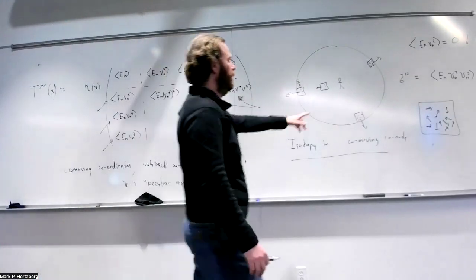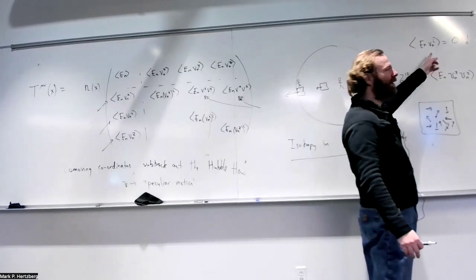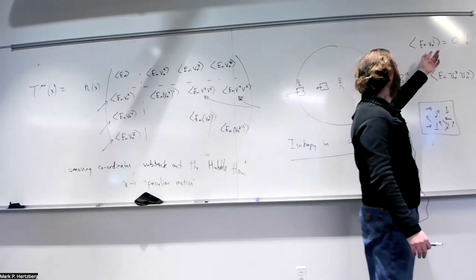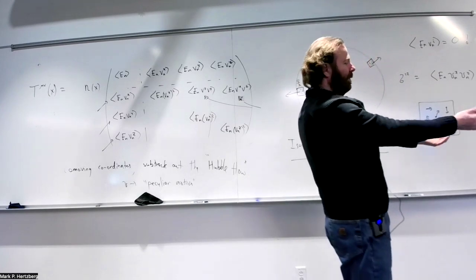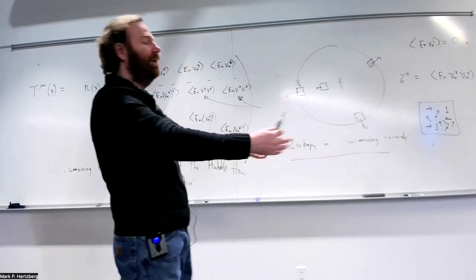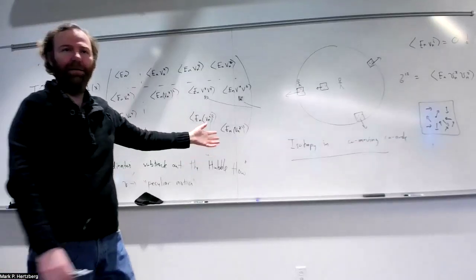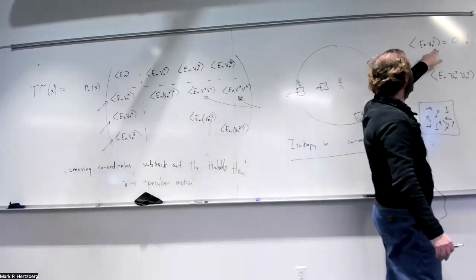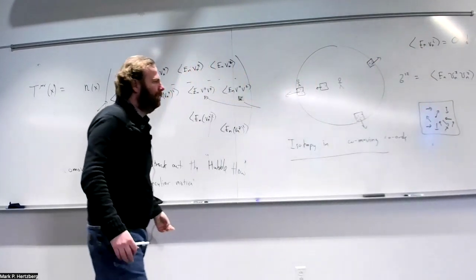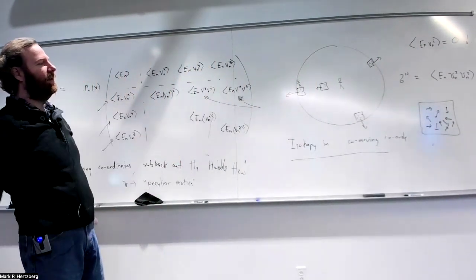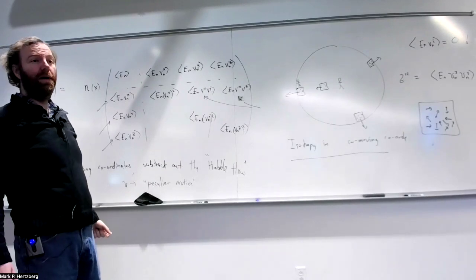Is that clear, by the way? The average of V is zero. This is because if the probability distribution is even, the average of any odd moments is going to vanish. So the average of V is zero, but E times V is also an odd function. It will average to zero. All right, so that's a system that would have an average velocity of zero.